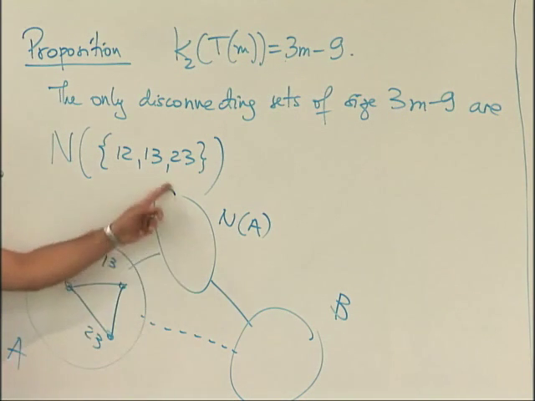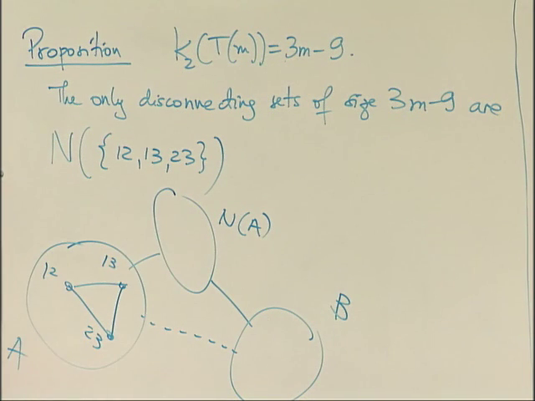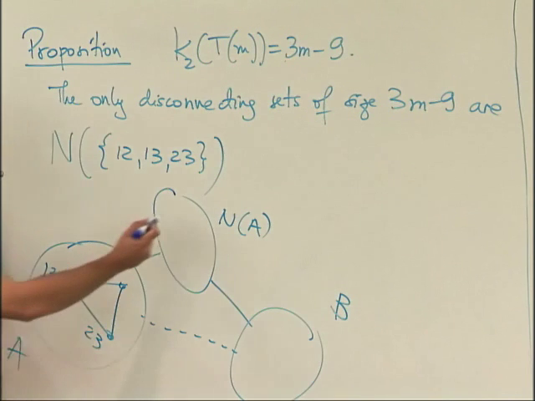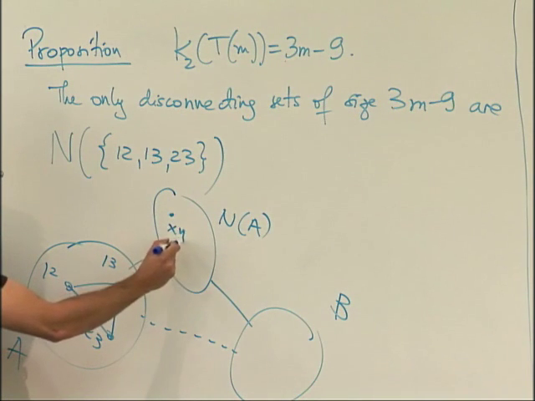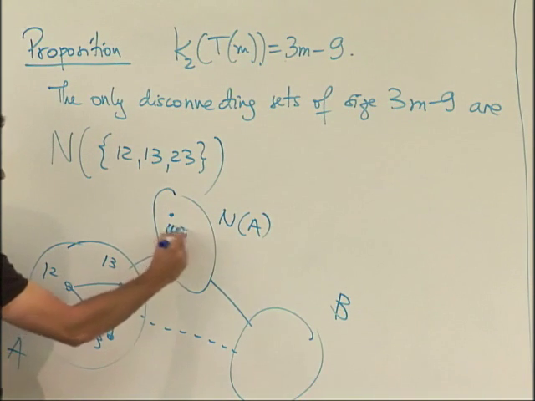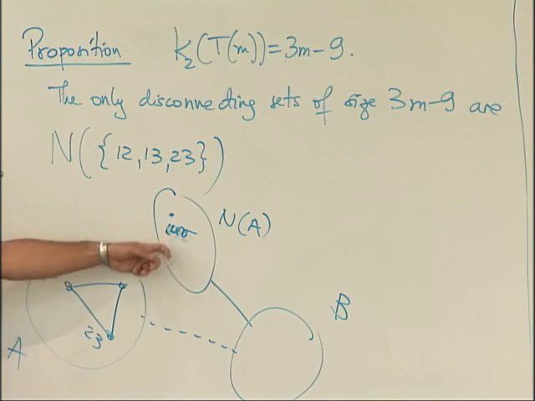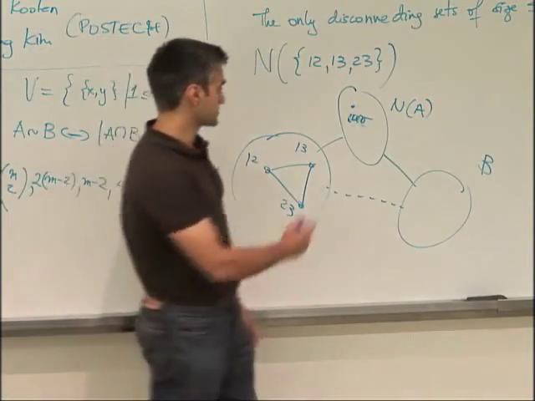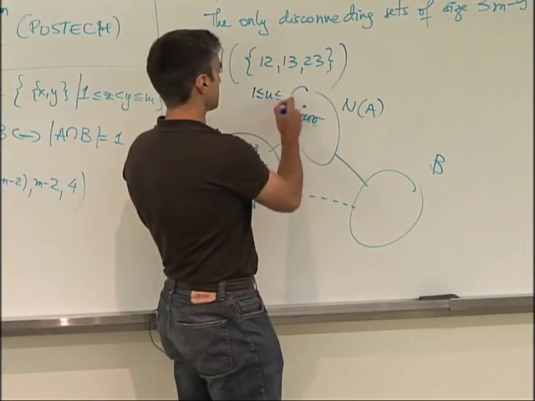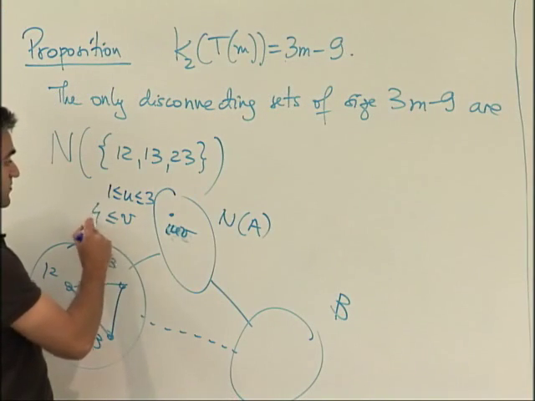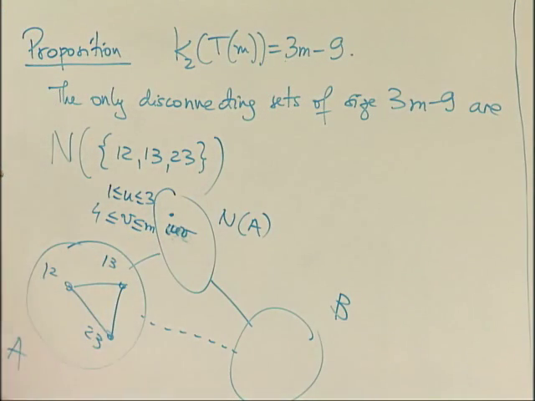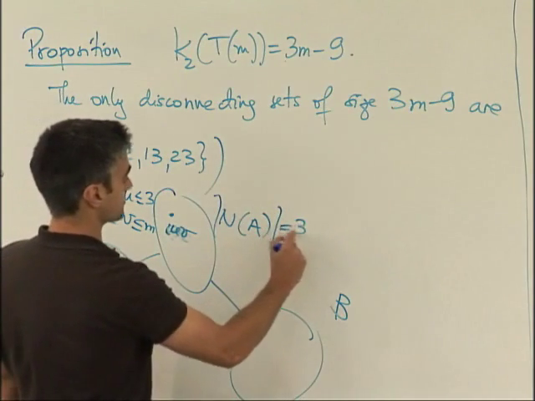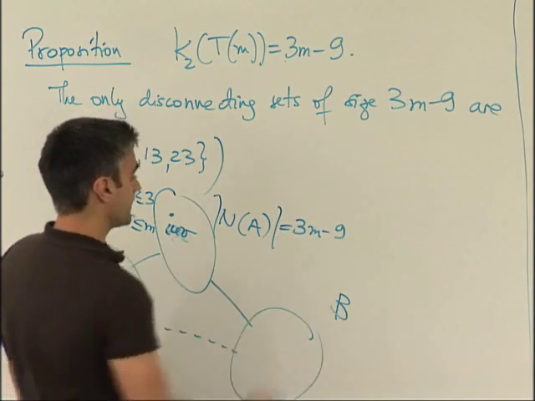So how many vertices do I have here? If here I have vertices of the form, let's say, uv, one of these has to be the same as one of the numbers in A. So u has to be between 1 and 3, and v has to be between 4 and m. That's the neighborhood.